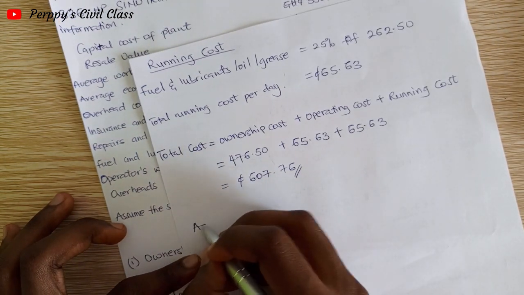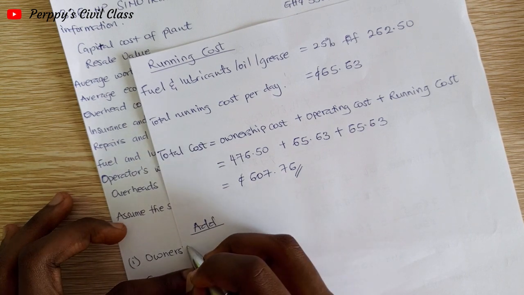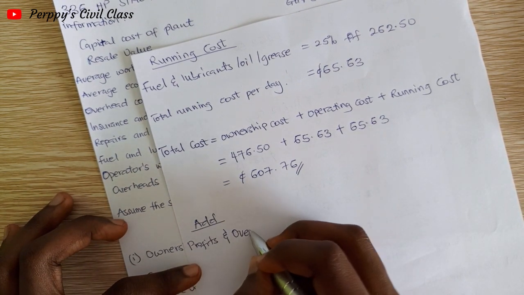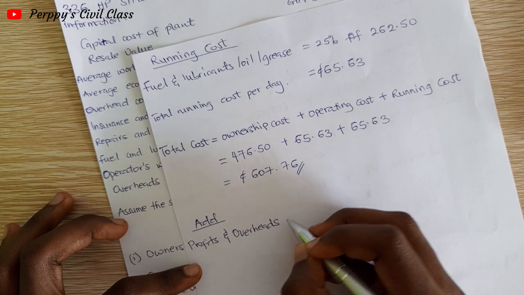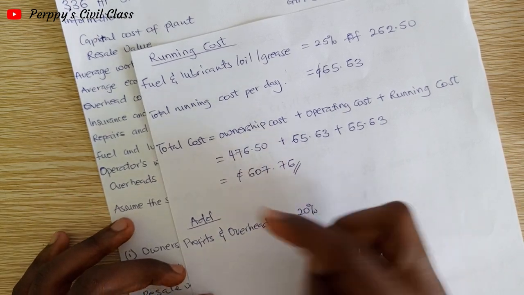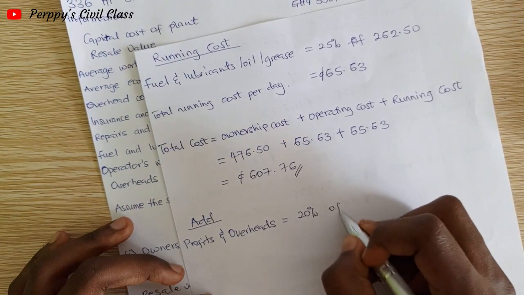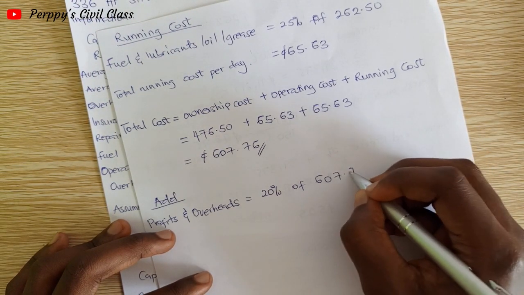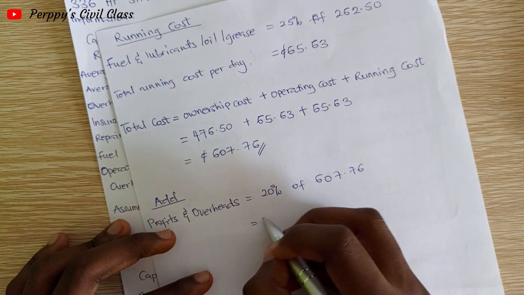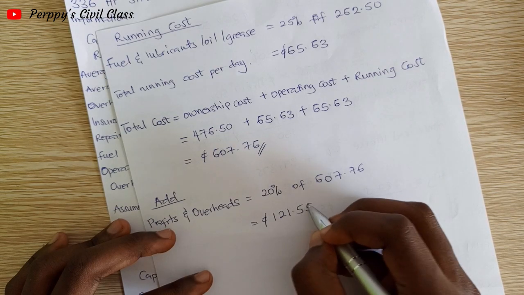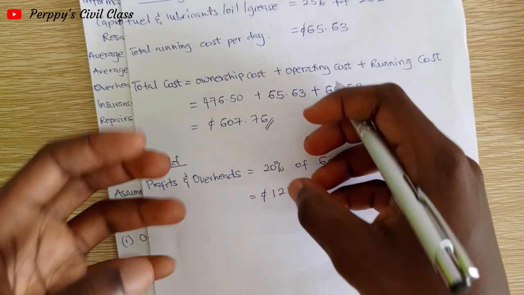But we have to calculate our profit and overheads, which is 20% of our total cost. 20% of 607.76 gives us 121.55 Ghana cedis. This is the profit that we will get on it.